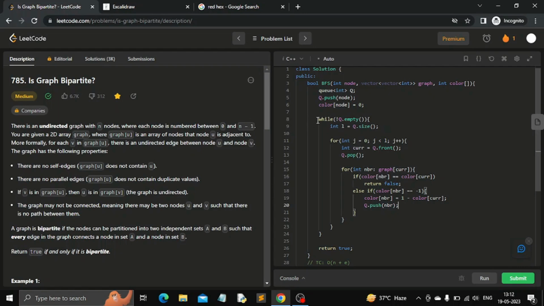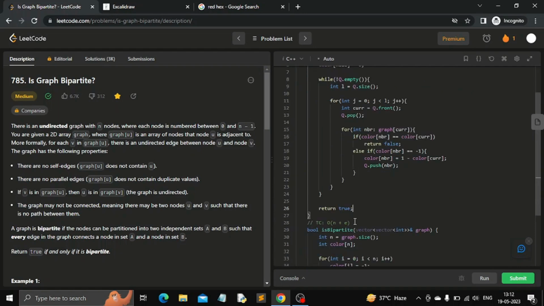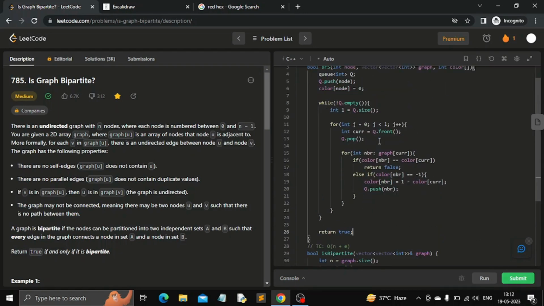So this is also a very standard BFS algorithm, and at the end we can return true. Time complexity of this algorithm is also big O of n plus e, which is the time complexity for BFS, and on submitting, this code will also get accepted.